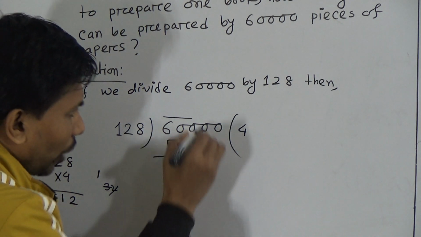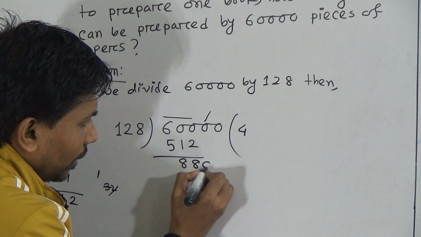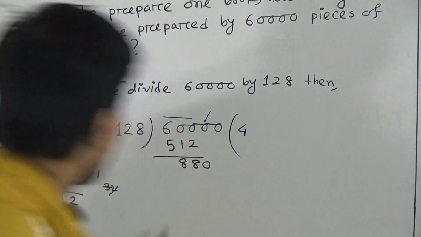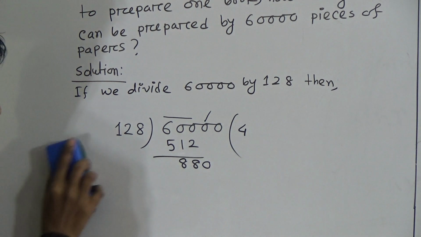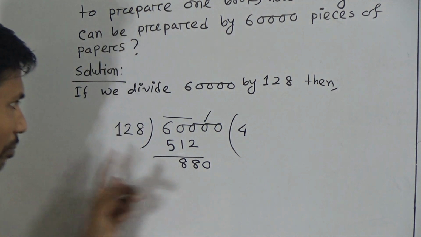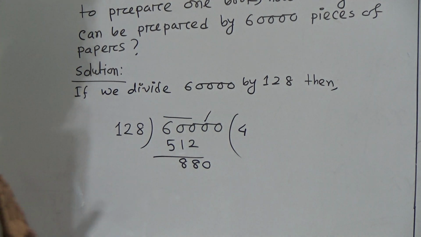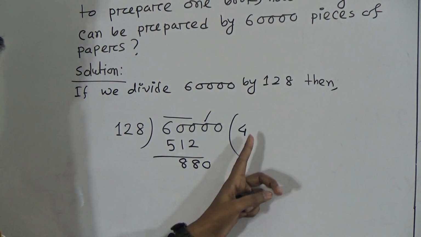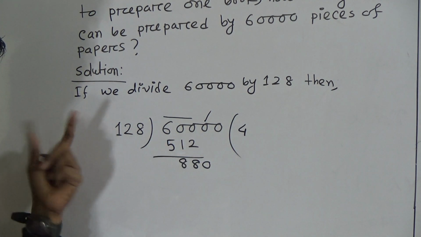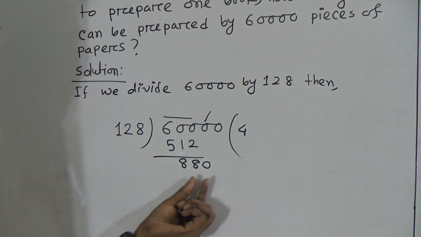Now you bring down this 0 in here. Now it comes 880. Now we have to divide 880 by 128.